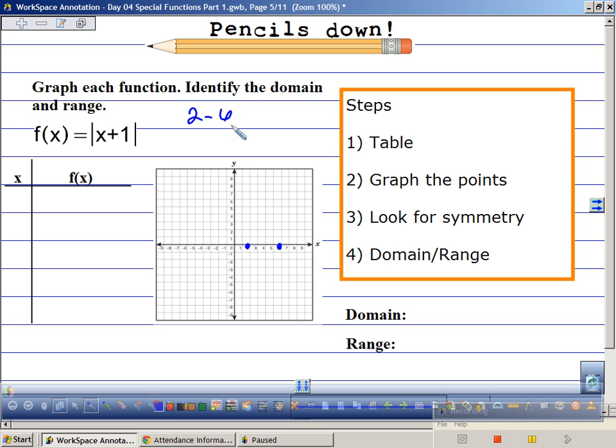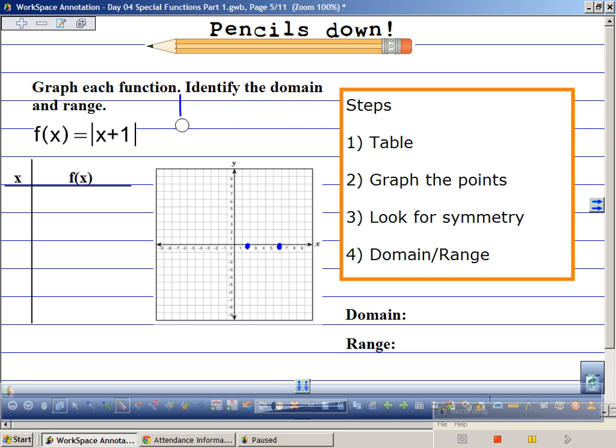You can say 2 minus 6, right? Because when you get negative 4, distance is always absolute, right? Absolute value. So that would actually be 4. No matter which way you look at it, 6 minus 2 or 2 minus 6, when you're talking distance, it's positive.